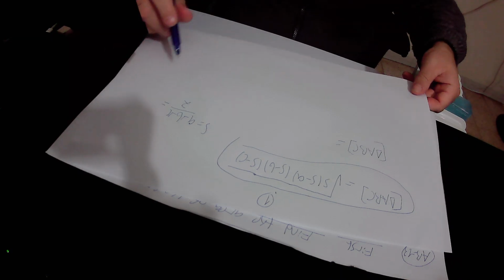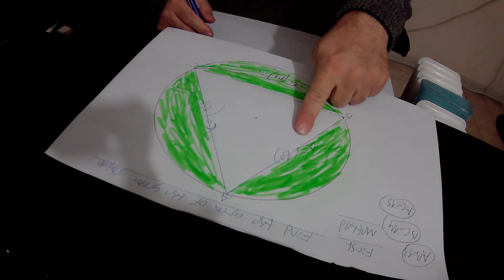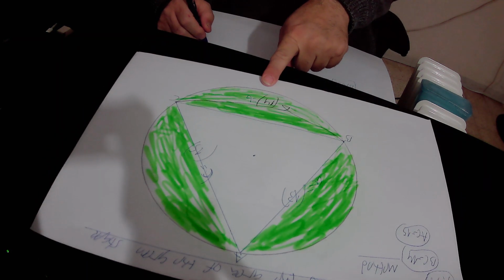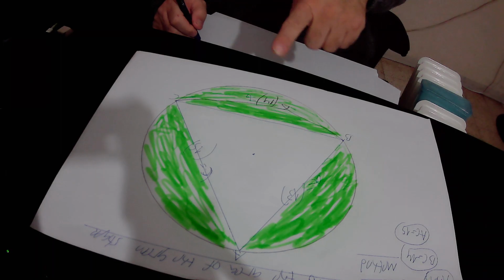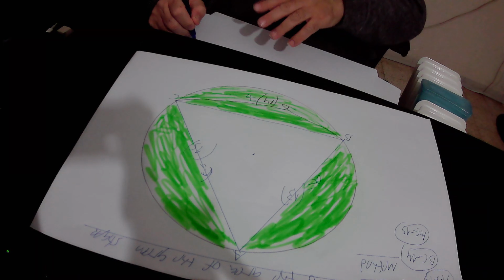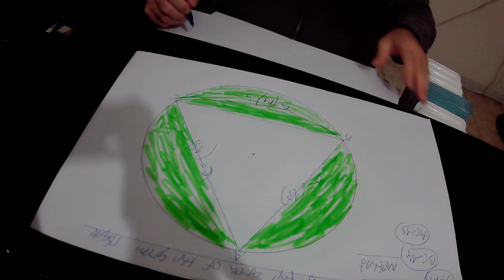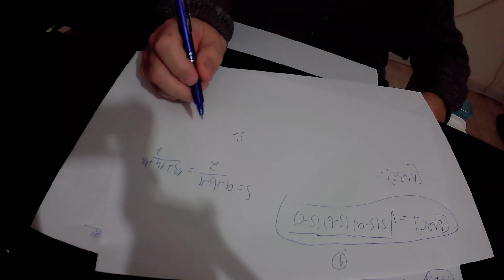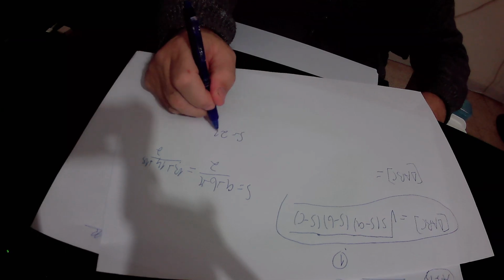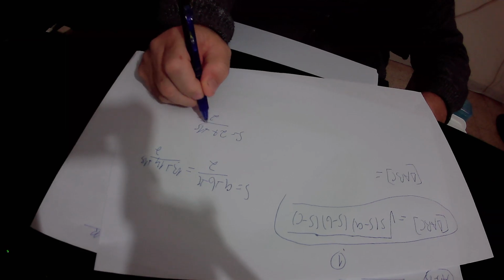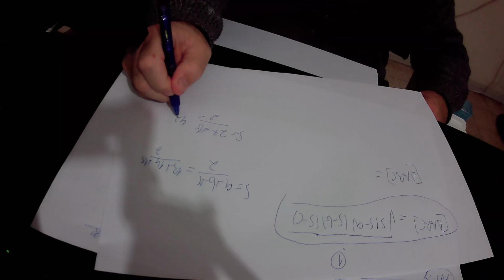Okay, so the semi-perimeter S equals A is 13 units, plus B is 14 units, plus C is 15 units, all divided by 2. So S equals 13 plus 14 is 27, plus 15 over 2. 27 plus 15 is 42, and 42 over 2 is 21.